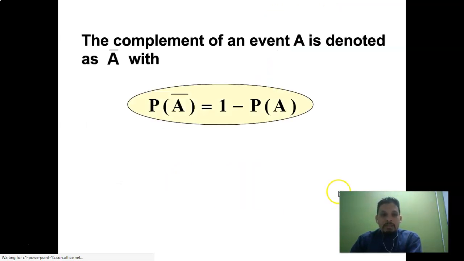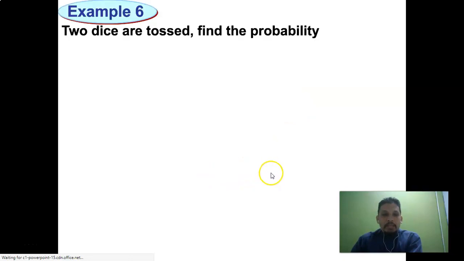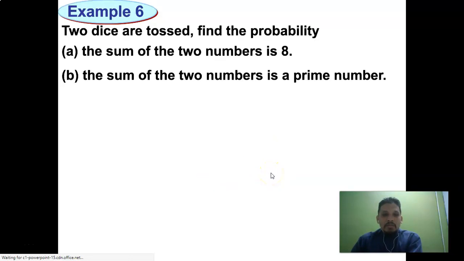The complement, probability of A bar or A dash, means the probability that A doesn't happen. Okay, example 6. When two dice are tossed, find the probability that the sum of two numbers is 8 and the sum of two numbers is a prime number.